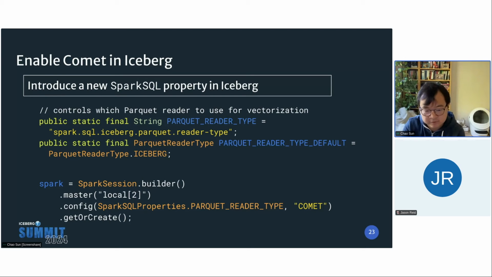Iceberg will switch to use Comet's Parquet reader, and then on the Spark side, you will recognize this Iceberg scan uses Comet and will convert the physical plan into a Comet plan.